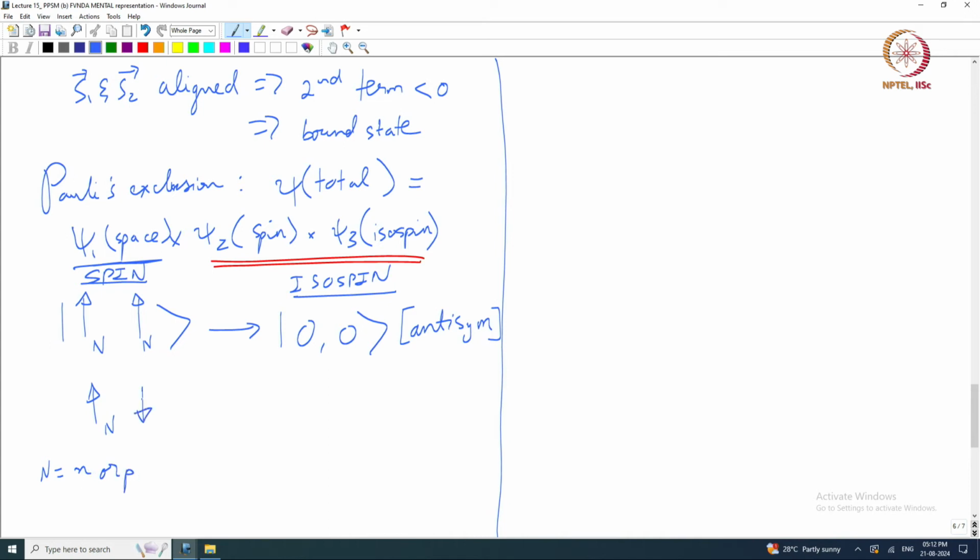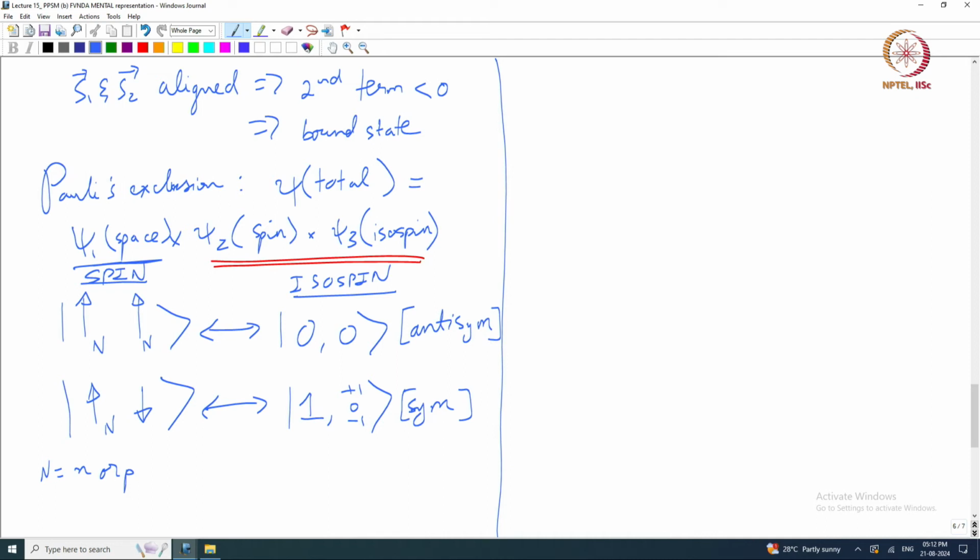And if the spins are anti-aligned, then that means necessarily that would pick in isospin space the symmetric combination, either +1 or 0 or -1. So, if it is antisymmetric here, it is symmetric there and vice versa.